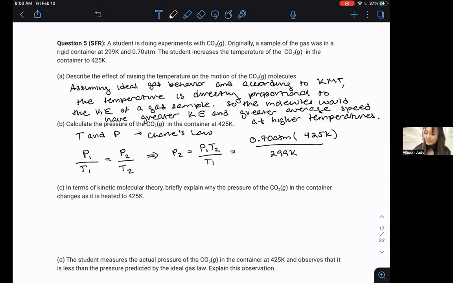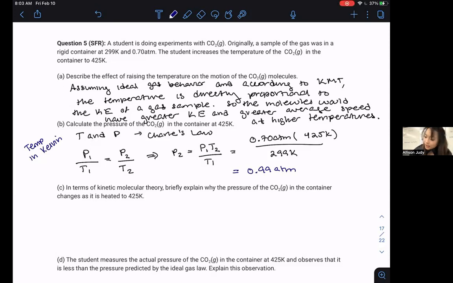And remember, with ideal gas law problems, temperature should always be in Kelvin for any ideal gas law calculations. And we get the value of P2, and I already wrote that, is equal to 0.99 atm. And that would be your answer to the correct sig figs.